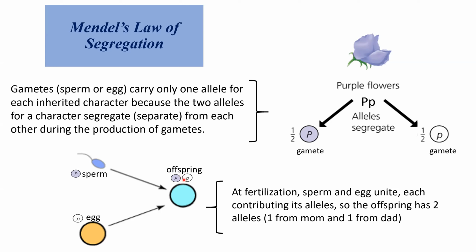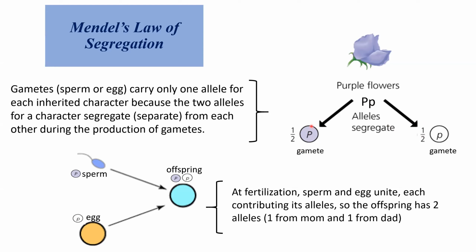If we go back to our original example of the pea plants with the purple flowers, the F1 generation had this genotype, the uppercase P, lowercase p. When these purple flowers self-fertilize, their alleles separated during the production of gametes.